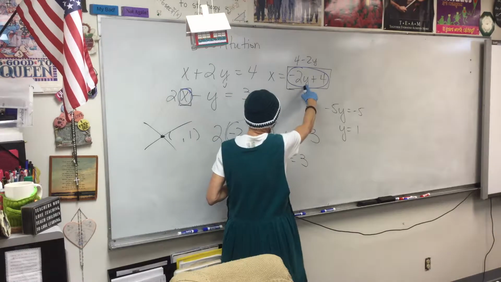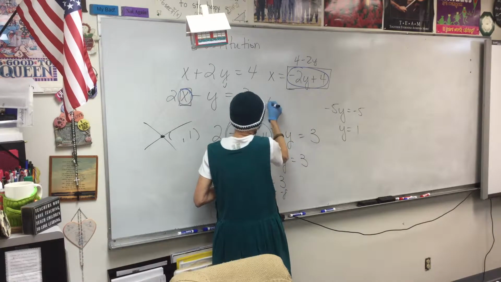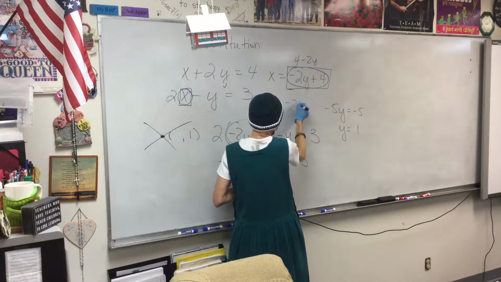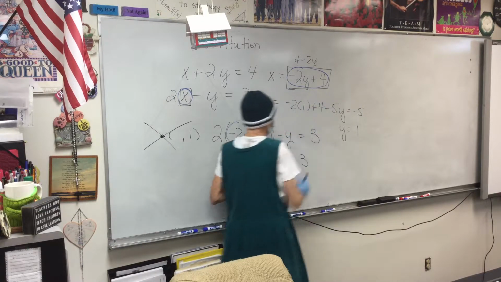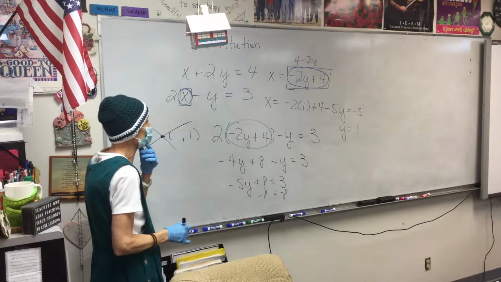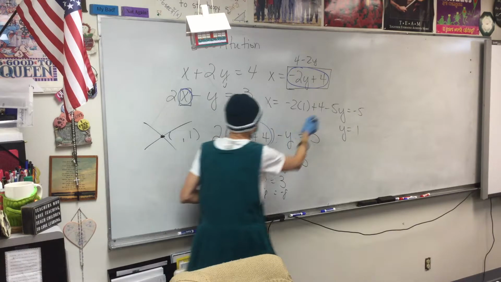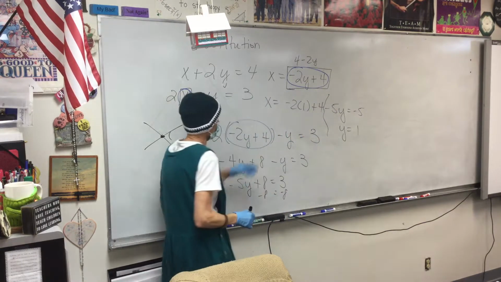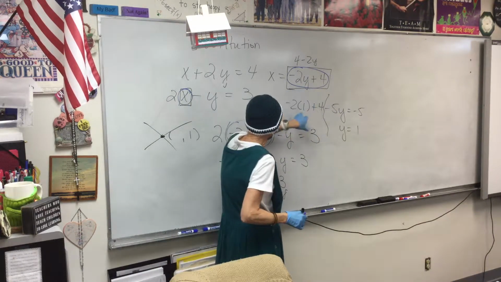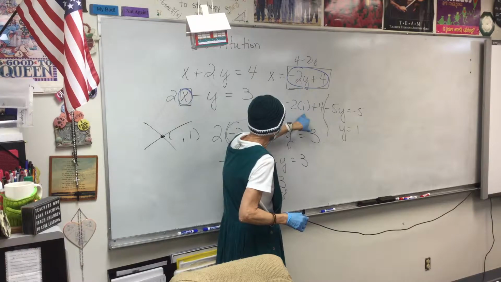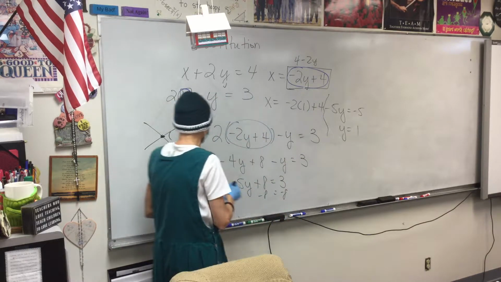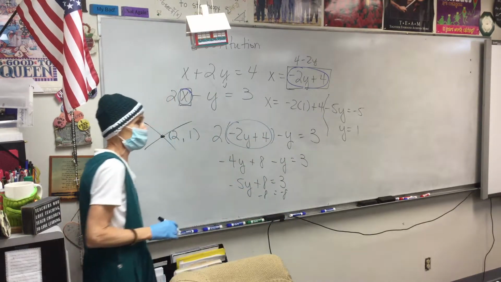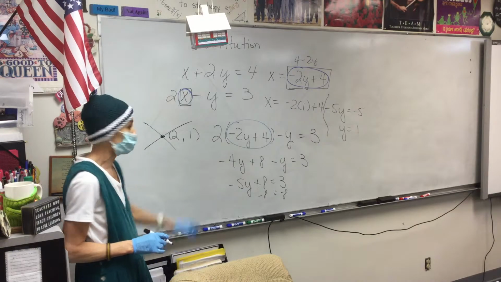I might plug it in right here. So x equals negative 2 times 1 plus 4. What would that be? 2?